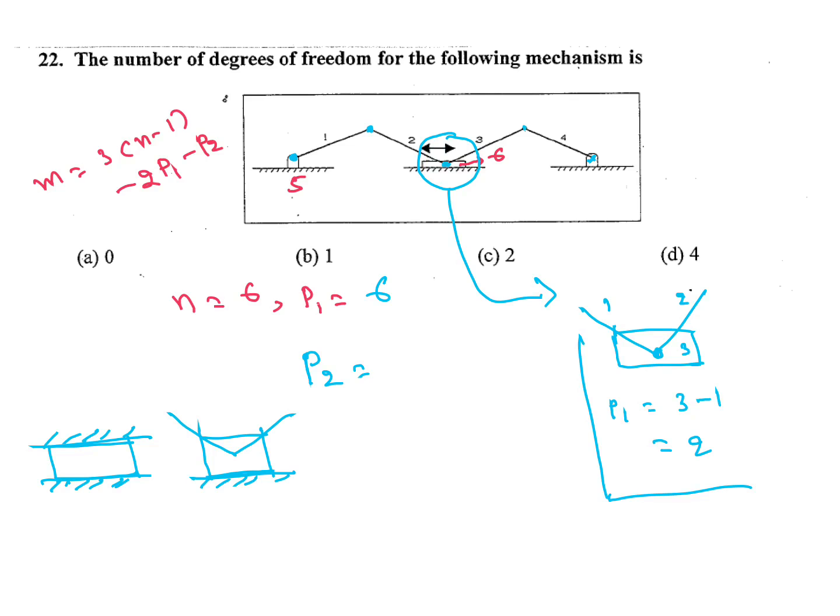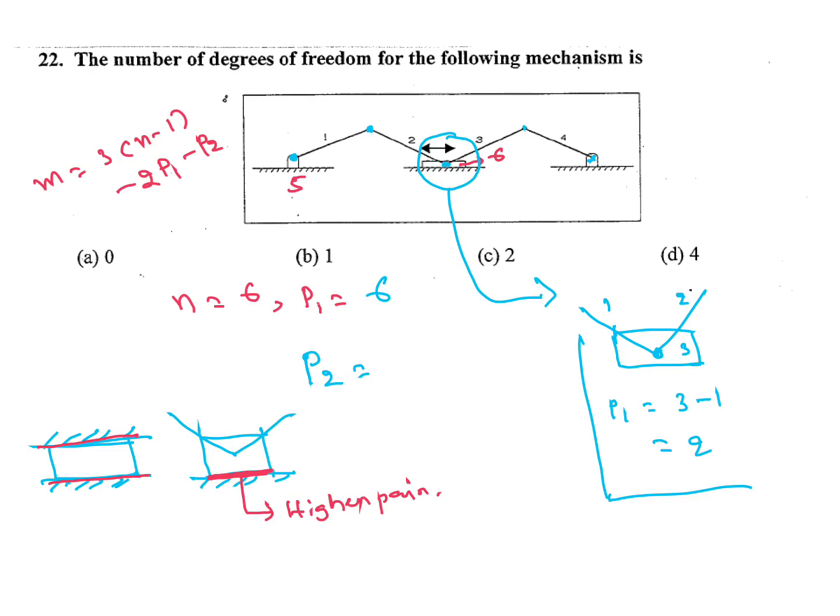If they give it like this, with both sides constrained, then it constitutes a lower pair. So this is a higher pair. So P2 is 1.